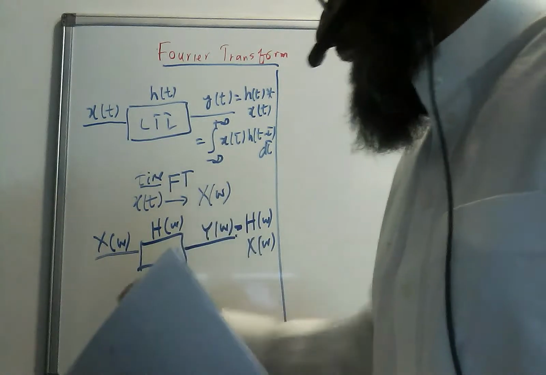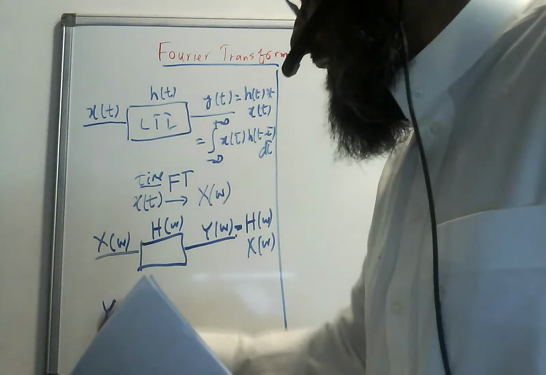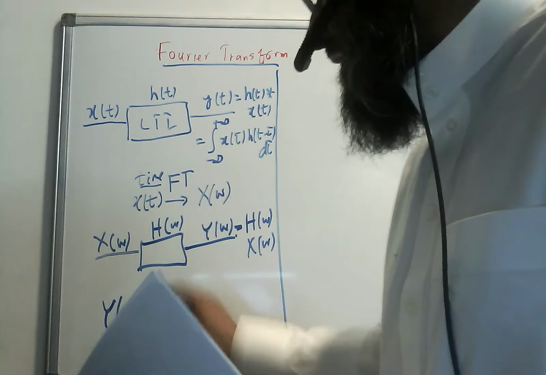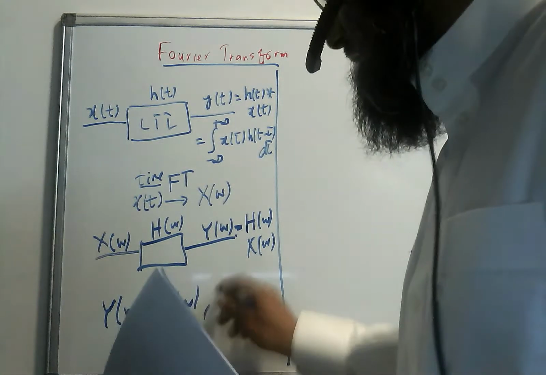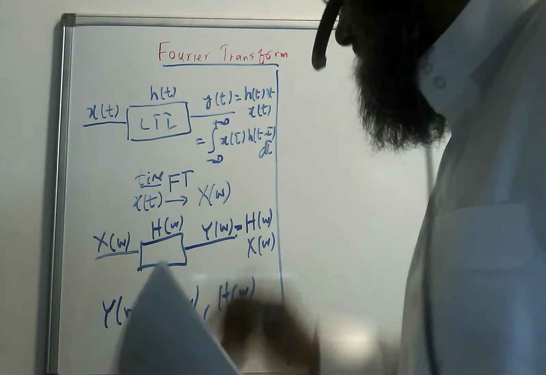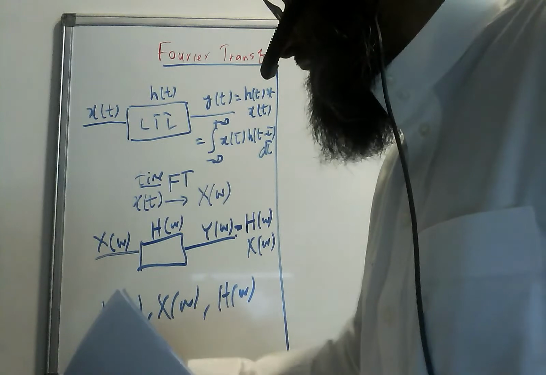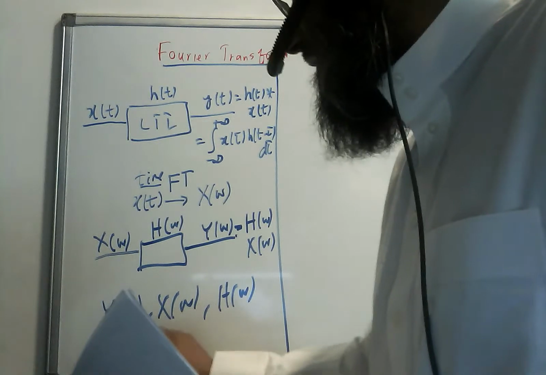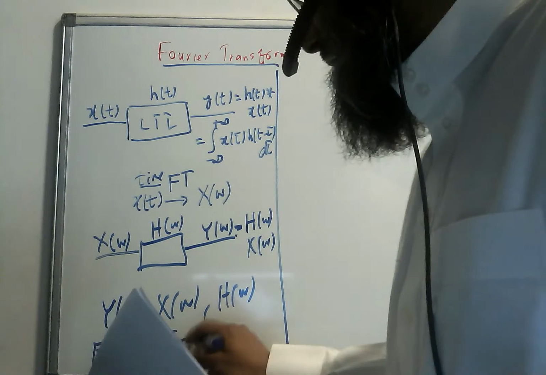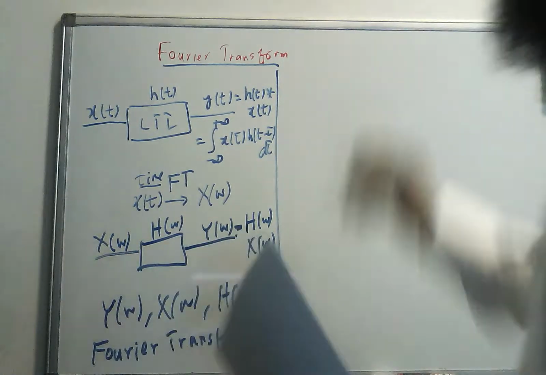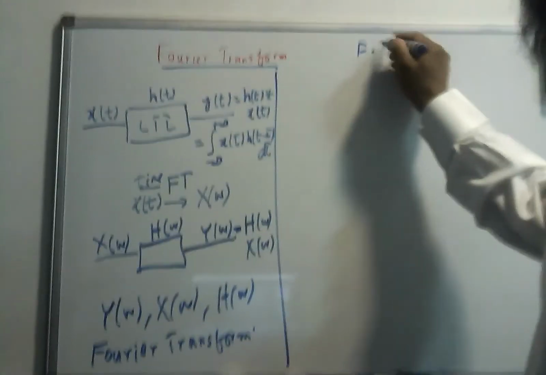Now, how do we find the frequency domain of a function? We find the frequency domain of any function by doing what we call the Fourier transformation, or by the operation which is called the Fourier transform. So, what is the Fourier transform?